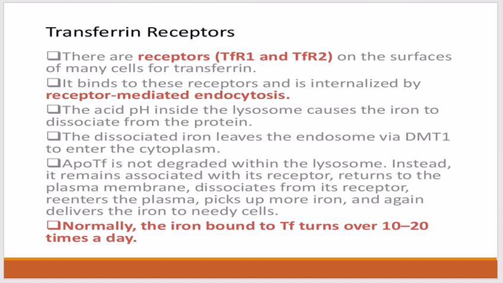The acidic pH inside the endosome causes the iron to dissociate from the protein. The dissociated iron leaves the endosome via these DMT1 transporters to enter the cytoplasm.